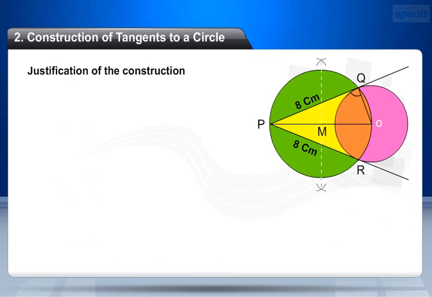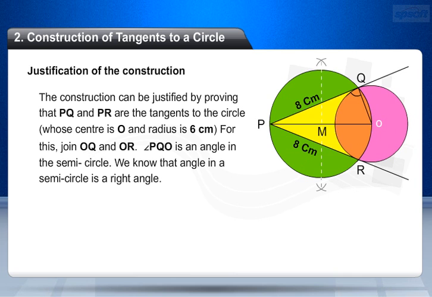Let us now see the justification of the construction through mathematical reasoning. The construction can be justified by proving that PQ and PR are the tangents to the circle whose center is O and radius is 6 cm. For this, join OQ and OR. Angle PQO is an angle in the semicircle. We know that angle in a semicircle is a right angle.